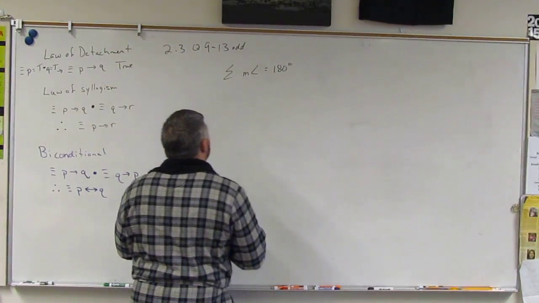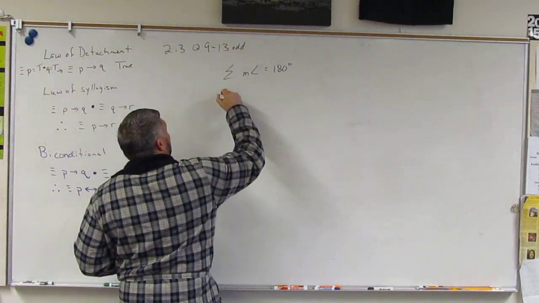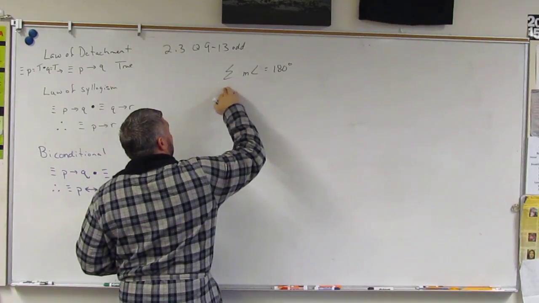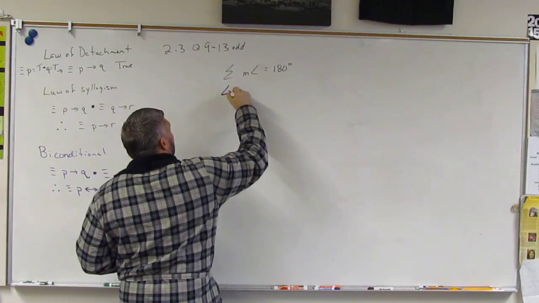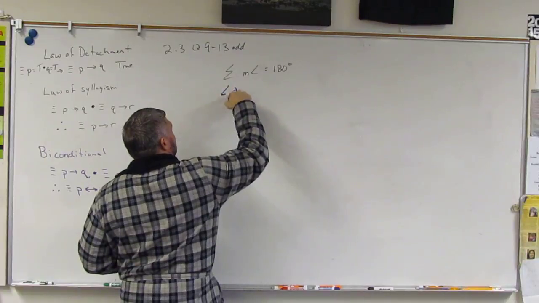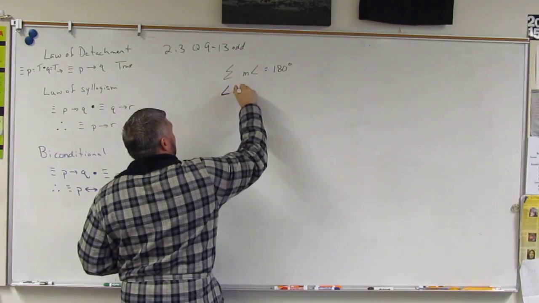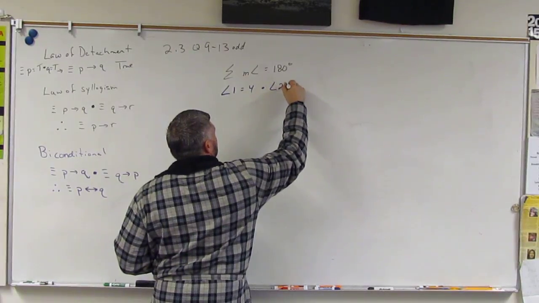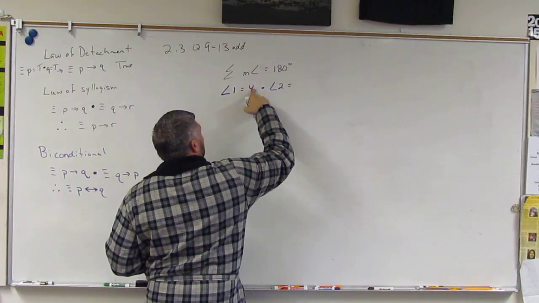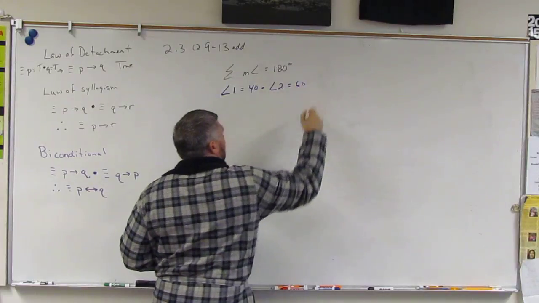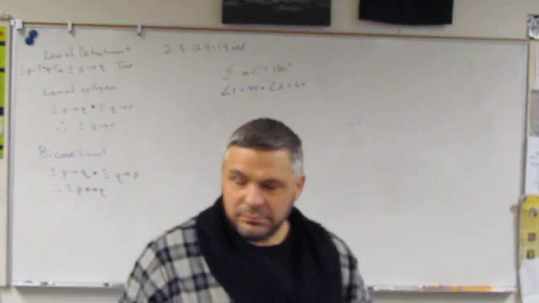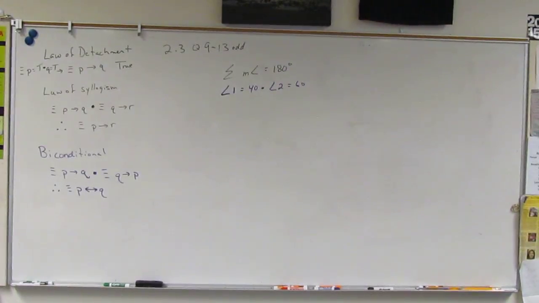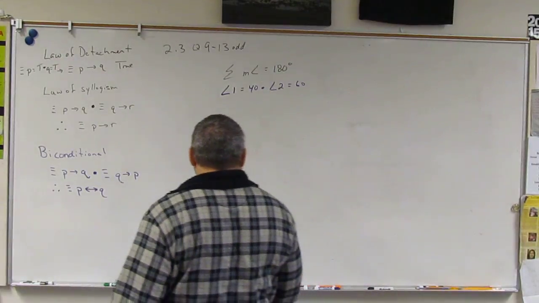So then you have angle A, or let's call it 1, is equal to 40, and angle 2 is equal to 60, right? Candy concludes that the third angle measure must be 80.